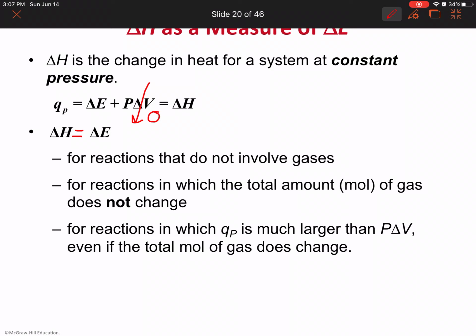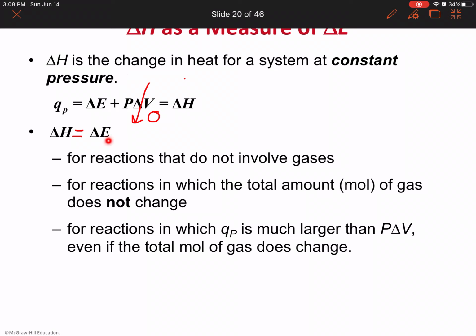So at constant pressure, delta H, which is the enthalpy, is the same as delta E, meaning it's the heat. Delta H is the change in heat for a system at constant pressure.